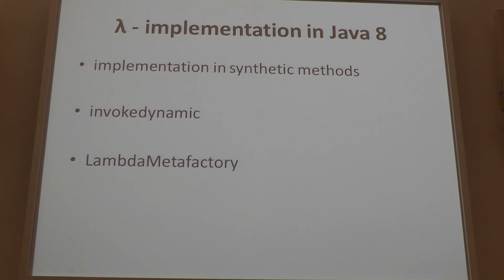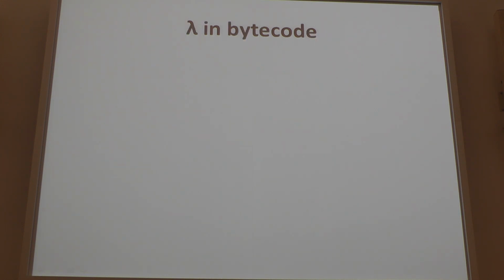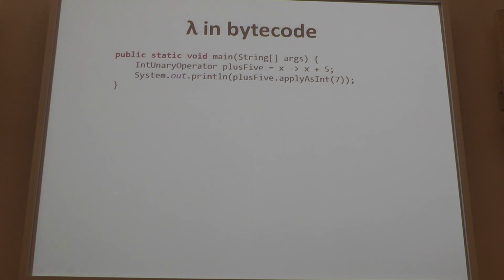It will take the interface that it has to be compatible with the expression, and it will dynamically create an instance of the functional interface. So let's look at an example. I have to warn you, there will be some bytecode on the slide.